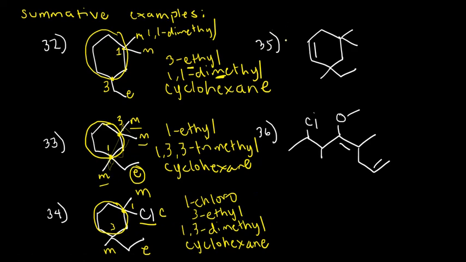For 35, this is no questions asked. We have here our double bond assigned as number 1. So this would be cyclohexene. But now the next question would be, how do I give number 1? Do I start here as 1 and then this is 2, then clockwise, or do I go 1, 2, counterclockwise? And we can try to check if the locants are different.